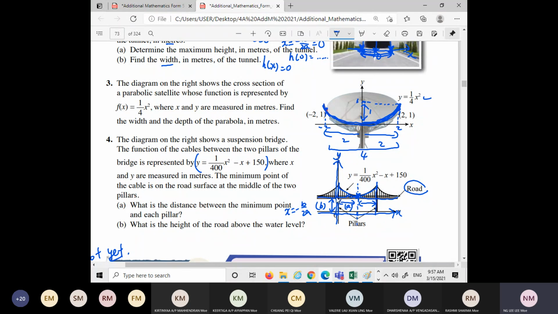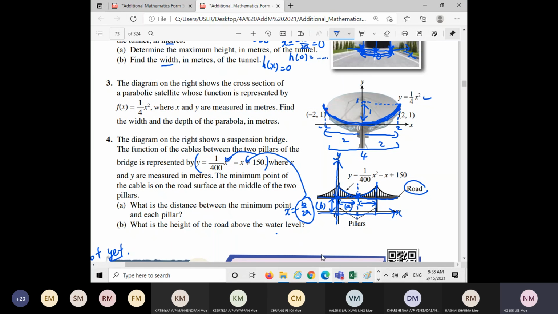The y coordinate of the minimum point will be the height of the road above the water level, because the x-axis is the water level. Therefore, very simple. You just substitute the x answer here into this to get the y value.